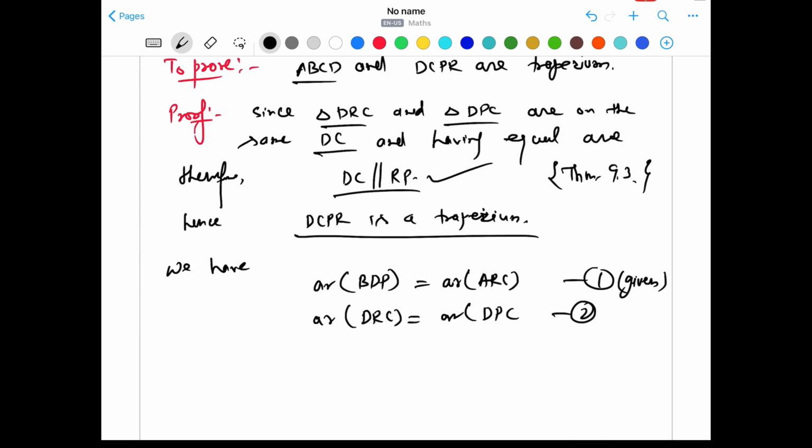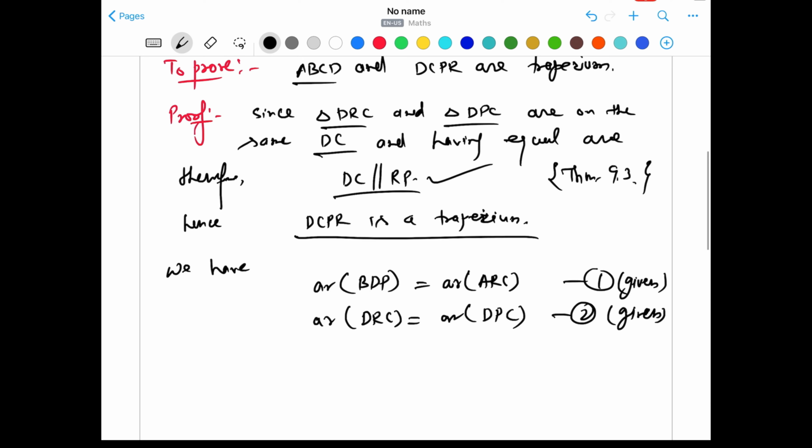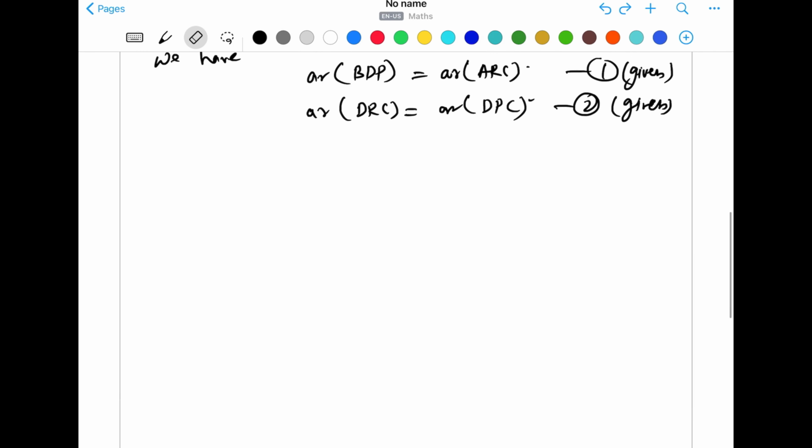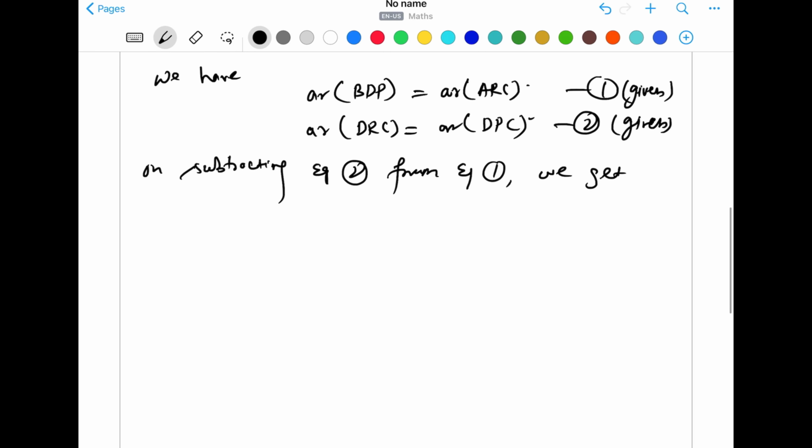Let's name it equation number 2. This is also given to us in the question. Now we'll subtract DRC and DPC of equation 2 from BDP and ARC of equation 1. So, on subtracting equation 2 from equation 1, we get, let's write this first.